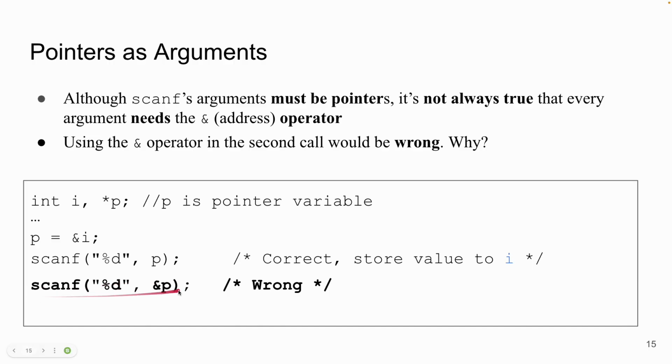That's why this is wrong. In this case, we just need to put p here. I just want to show you that when we use scanf, we don't always need to add the address operator to the variable. What we need to pay attention to is the type of the arguments we put inside scanf.